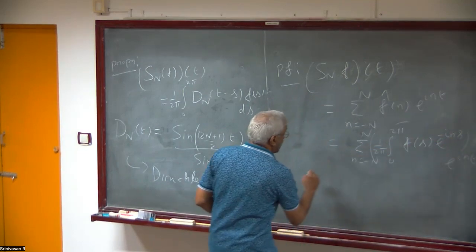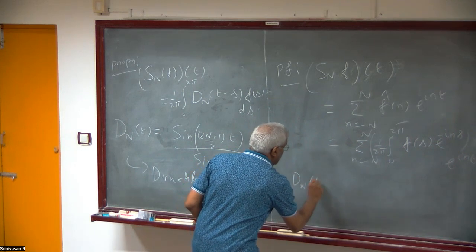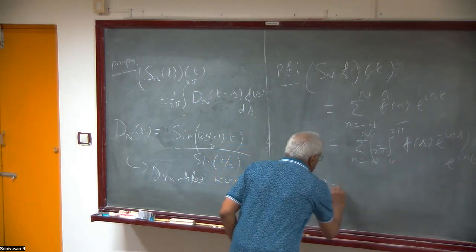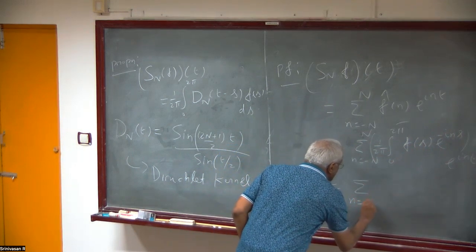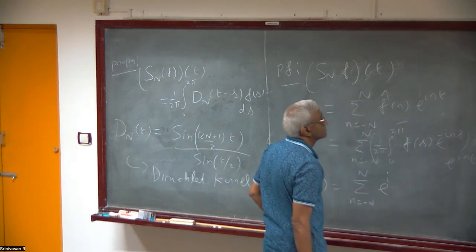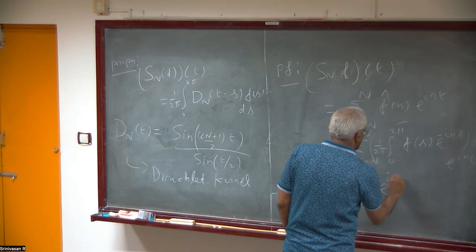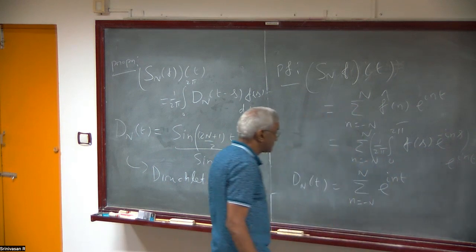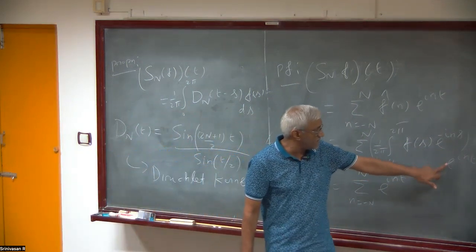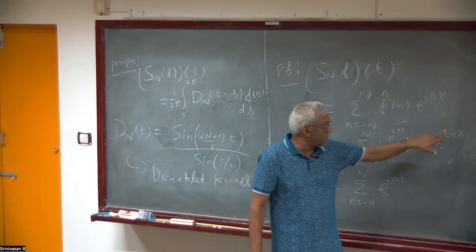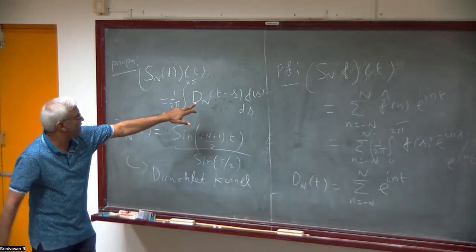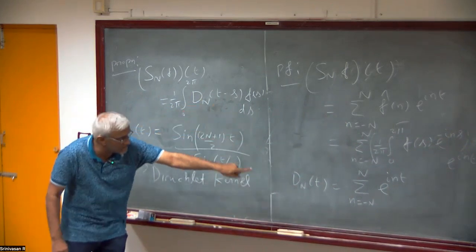So you get D_n of t minus s, where D_n(t) is this summation. I take this e to the power i n t inside, so again e to the power i n (t minus s), so that is the D_n of t minus s. D_n(t) is nothing but this.